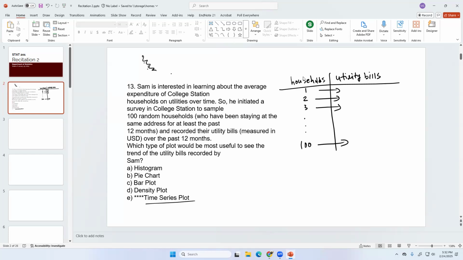It's not only utility bills, but utility bills over the past 12 months. So the data is more like this. Let me write here.